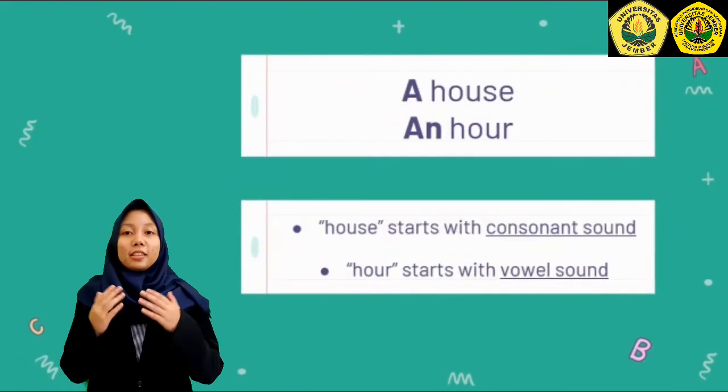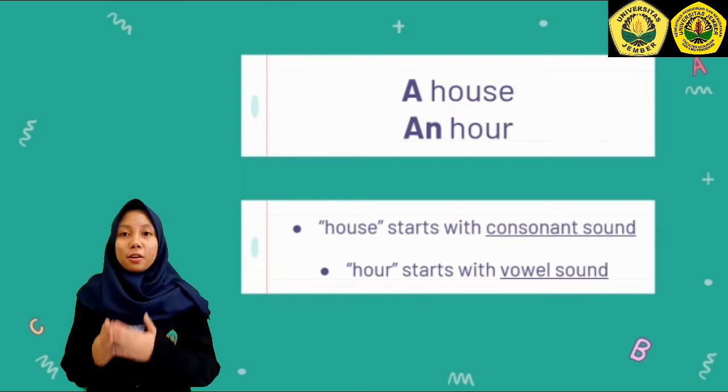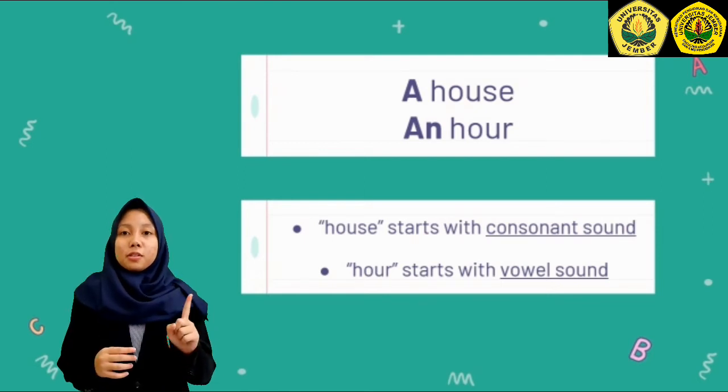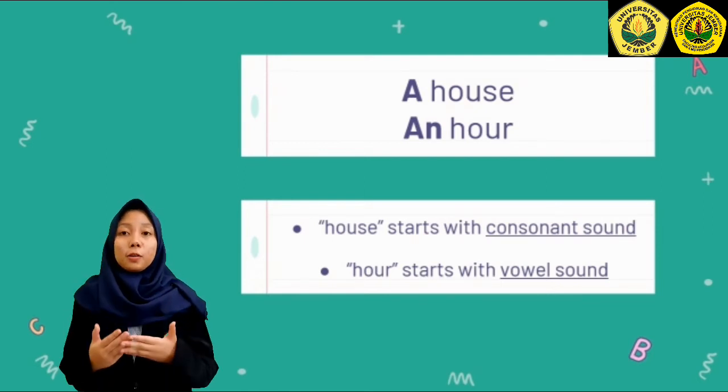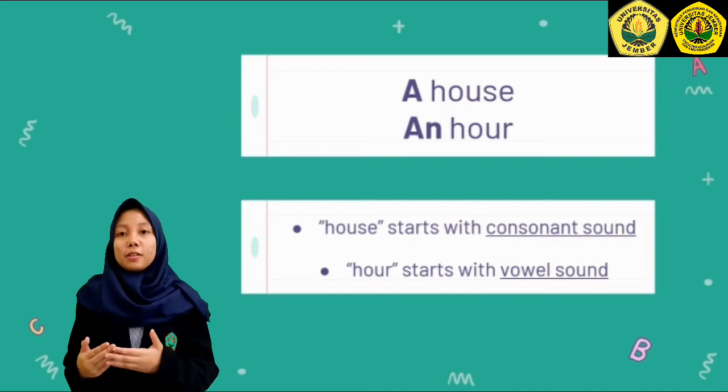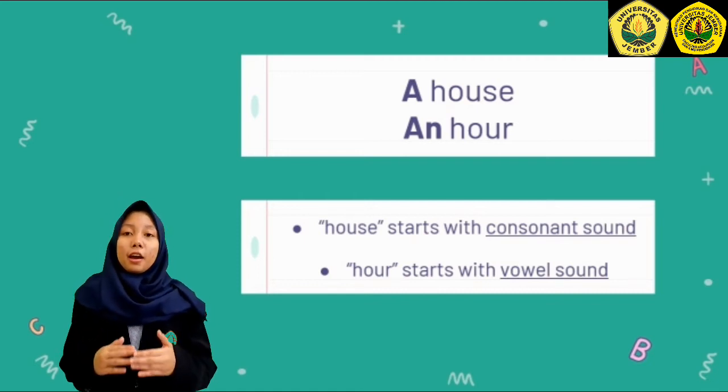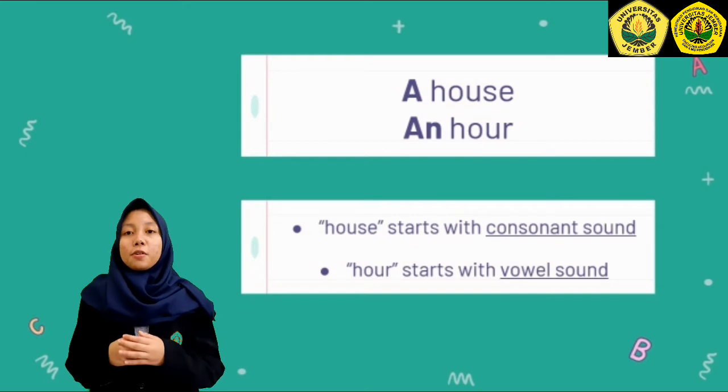Now take a look at the examples of indefinite articles. For the first example, it is about how a consonant can create a vowel sound. Here I have two phrases. First is "a house" and the second is "an hour".